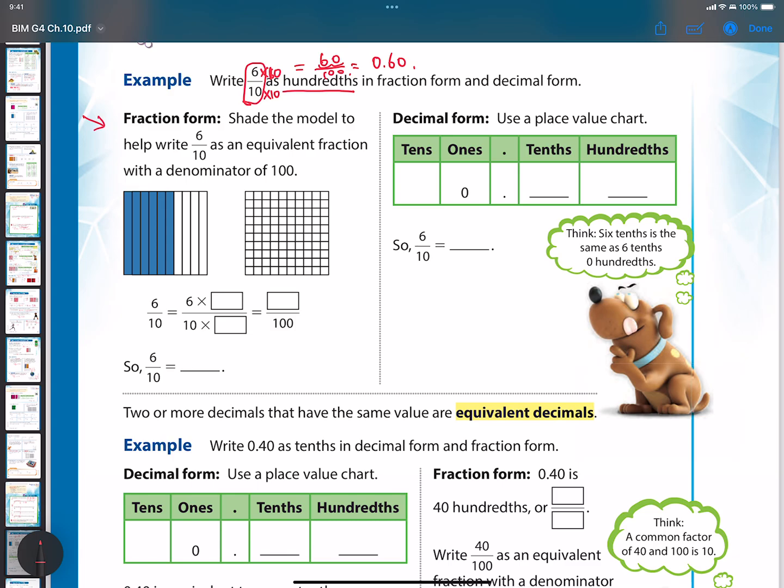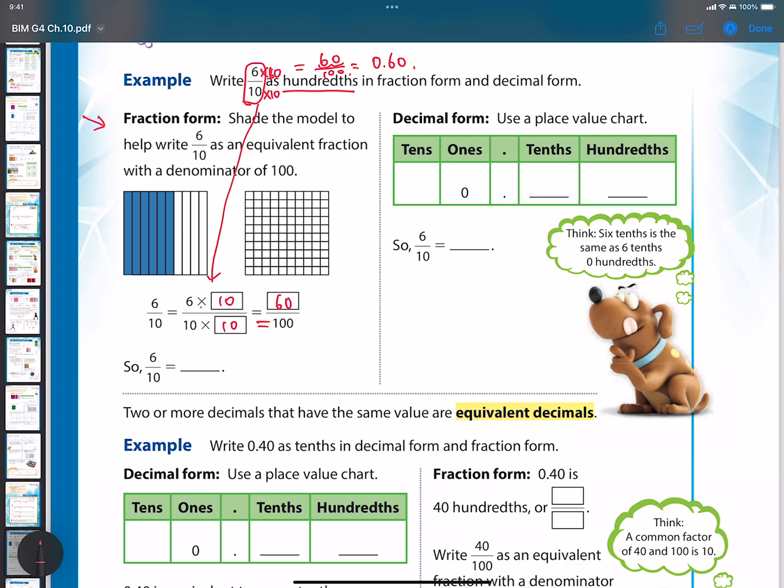So, fraction form. Shade a model to help write 6/10 as an equivalent fraction with a denominator of 100. They shaded already. So 6 over 10 is equal to 6 times 10 over 10 times 10. This is what we did to make an equivalent fraction to make hundredths.